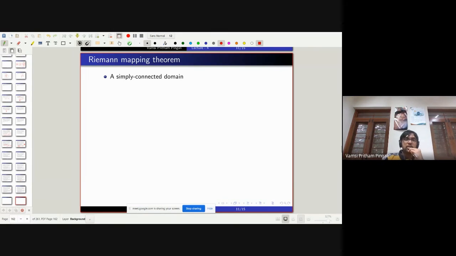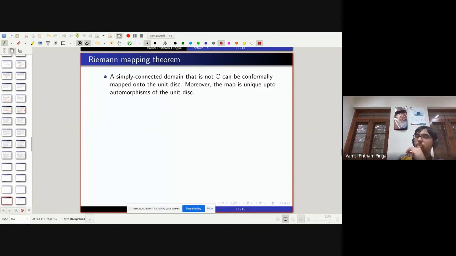A simply connected domain, namely a domain roughly speaking that doesn't have holes, that is not all of C, can be conformally mapped onto the unit disk. This is the statement of the theorem. Statement is pretty easy to understand. Moreover, the map is unique up to automorphisms of the unit disk.